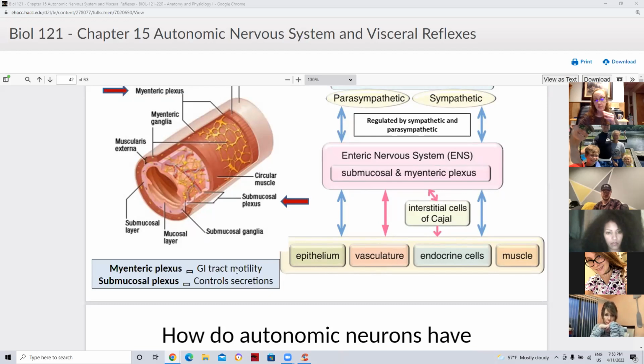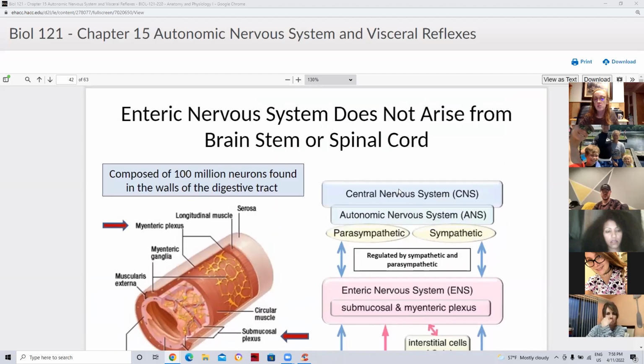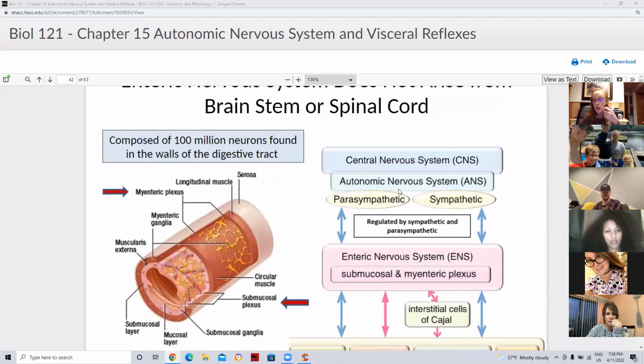The submucosal plexus is going to be specifically controlling secretions. So it's somewhat regulated by both the sympathetic and the parasympathetic nervous system. That's really all we're going to say about it. Are there any questions?